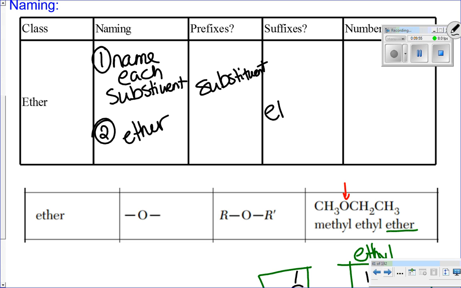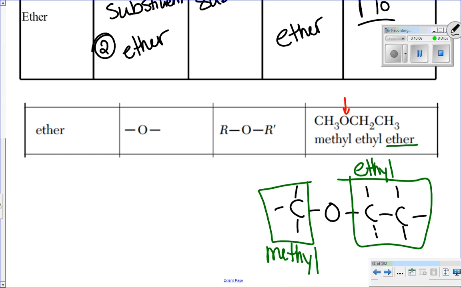Our suffix will be ether. We don't use numbers because our naming of our substituents actually tells us how many carbons are on each side. Our methyl group has 1 carbon. Our ethyl group has 2 carbons. And then they're simply strung together by that oxygen.